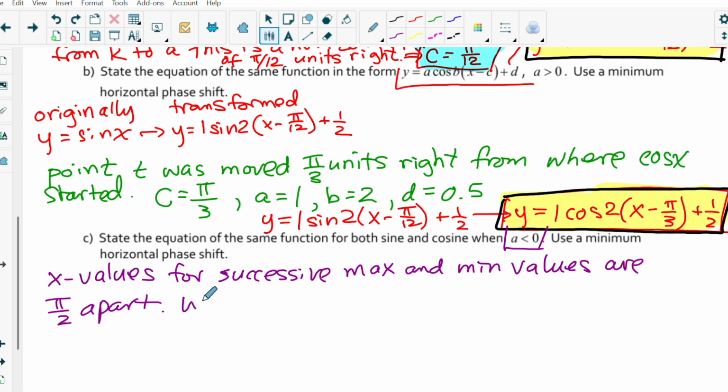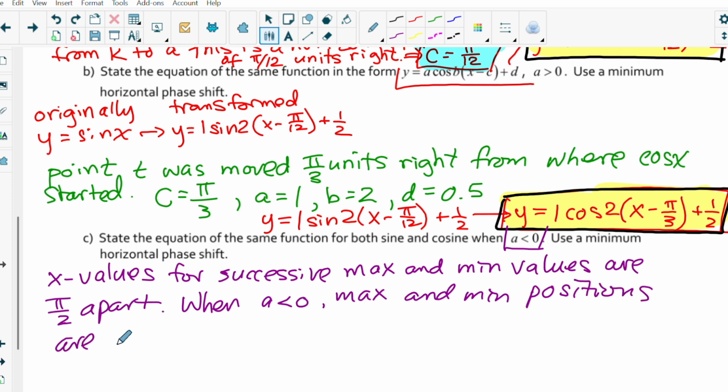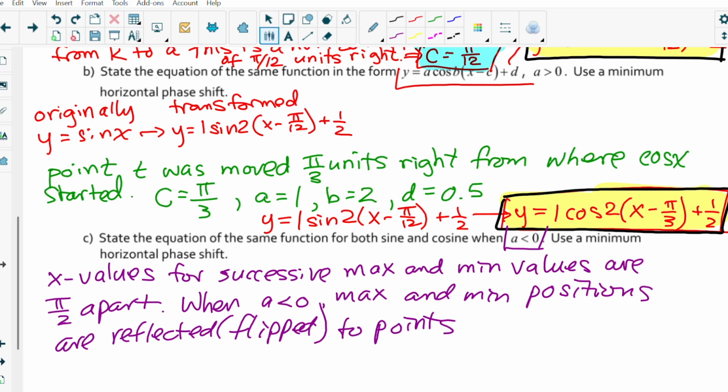We're thinking about a is less than 0. Okay. When a is less than 0, max and min positions are reflected or flipped to points, and this is about the sinusoidal axis, not the x-axis, okay?